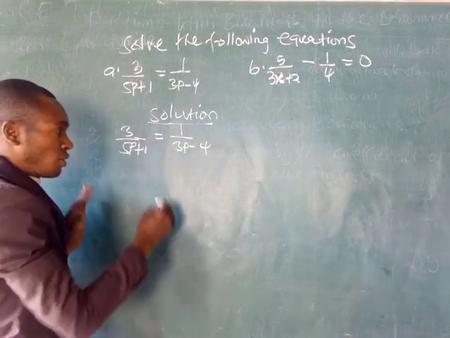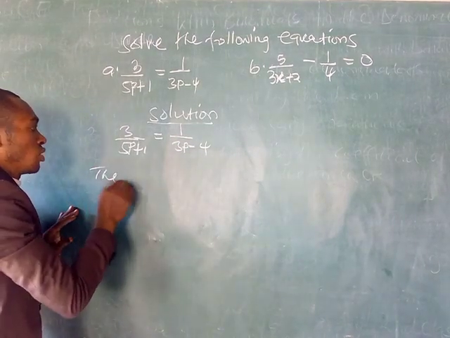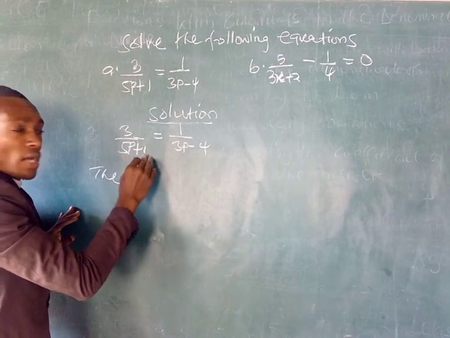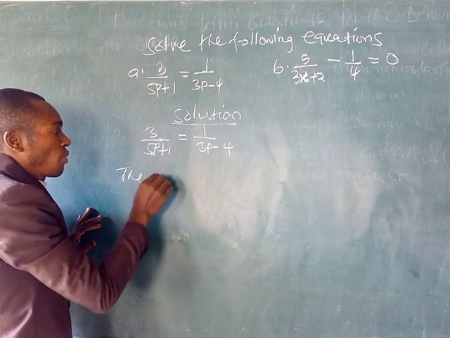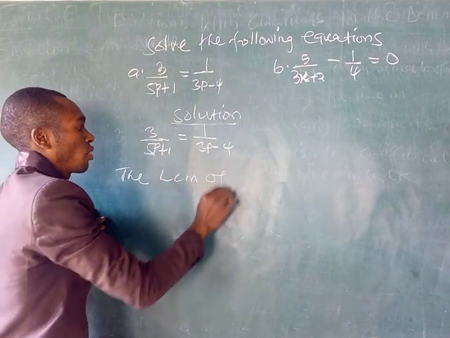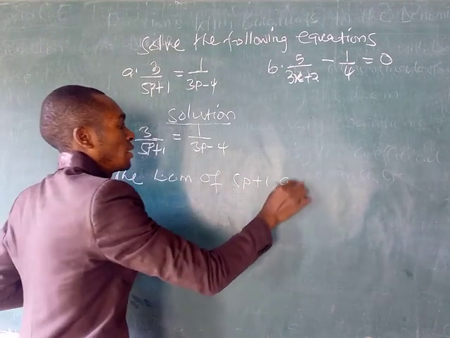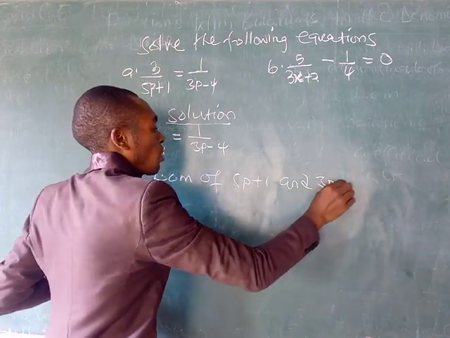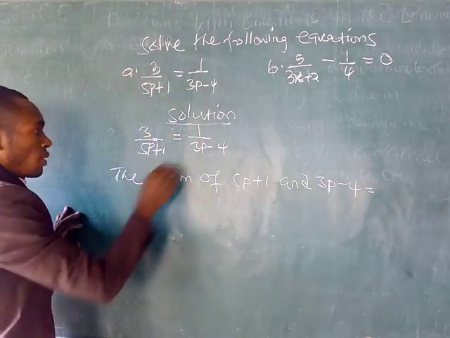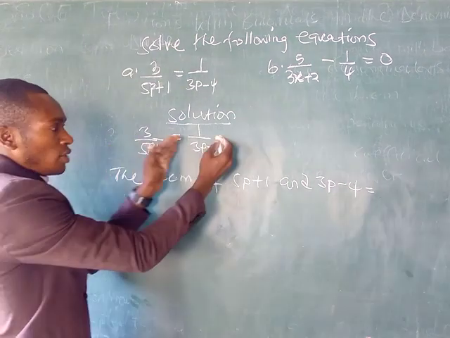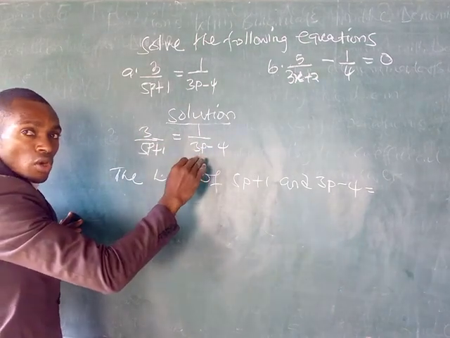Don't forget we said the first hint is to find the LCM of the denominators. Now, the denominators are 5p plus 1 and 3p minus 4. Now, the LCM of 5p plus 1 and 3p minus 4 is, we bracket the two binomials, which gives us the LCM.